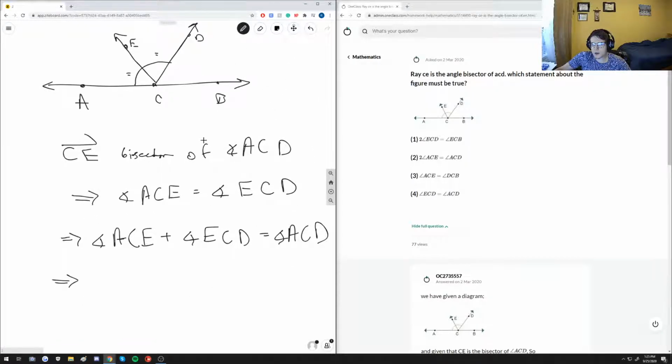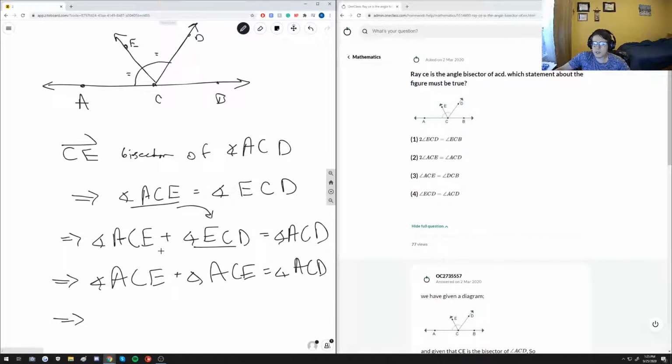So now that we have this statement, we can substitute in the value for one of these. So let's say arbitrarily we choose ACE. Because they're equal to one another, we can substitute it in for ECD, and we can get one of the statements that we actually have here, which is statement 2. So just to show you what I mean, we have angle ACE plus angle ACE is equal to angle ACD.